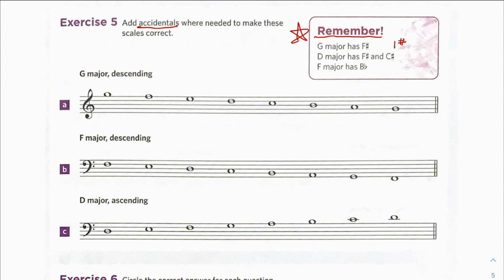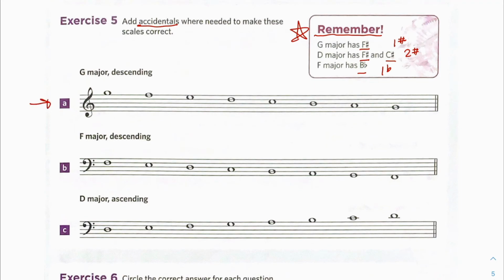D major has 2 sharps, and you will notice that it's F sharp plus C sharp. So later on, you will understand that F is always the first sharp, followed by C sharp, and so on. F major has 1 flat, and is a B flat.